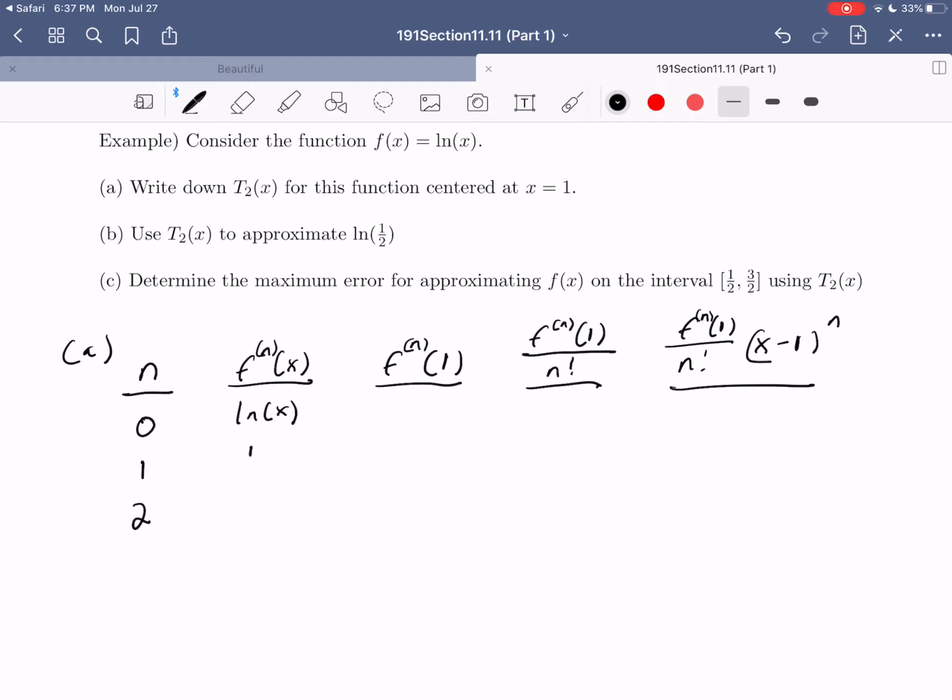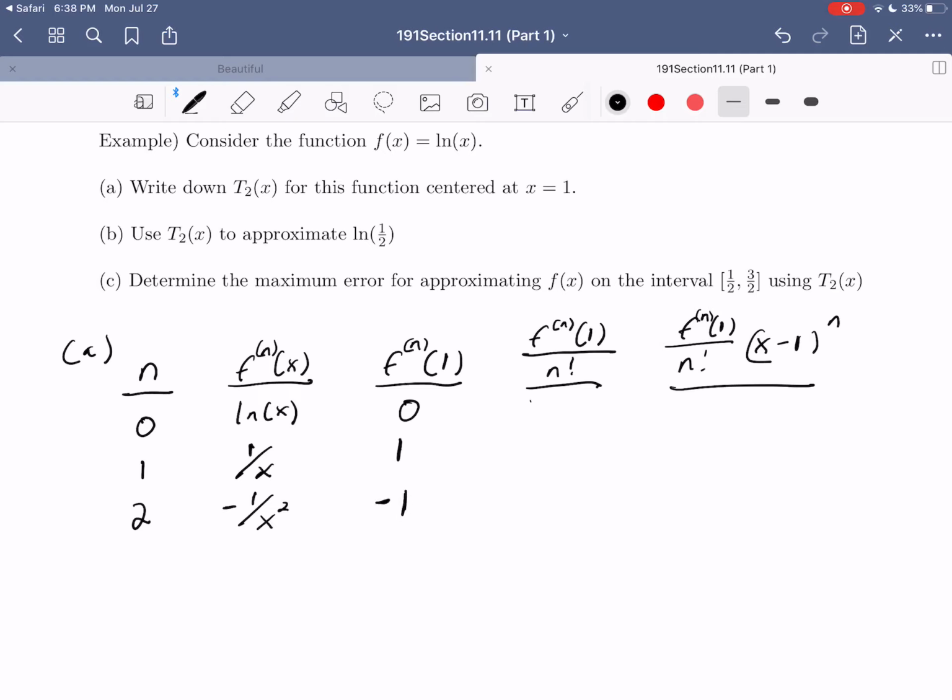So derivatives here should be pretty easy. The first derivative is 1 over x. Then treat this as x to the minus 1, differentiate that, and you get minus 1 over x squared. Okay, let's plug in 1. ln of 1 is 0, 1 over 1 is 1, and negative 1 over 1 squared is negative 1.